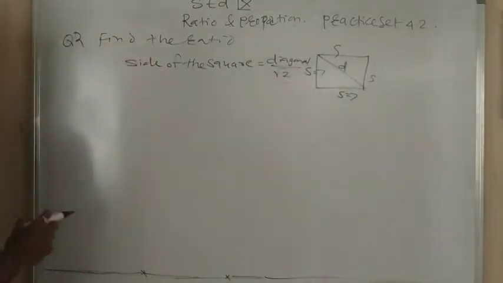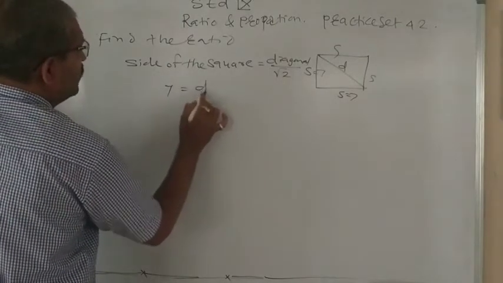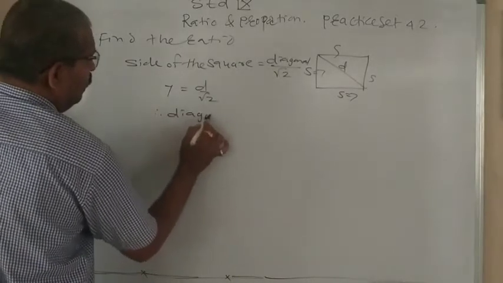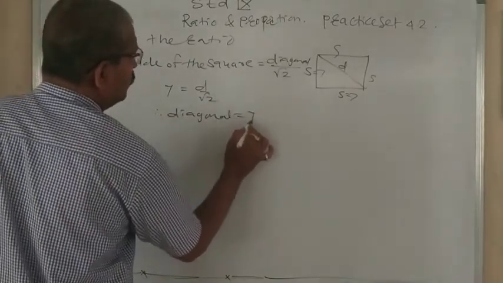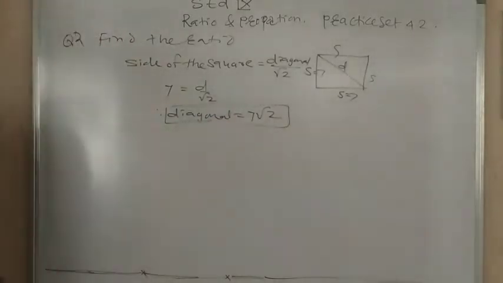What is the side given? Side is given 7, so d upon root 2 equals 7. Therefore diagonal is equal to 7 root 2.